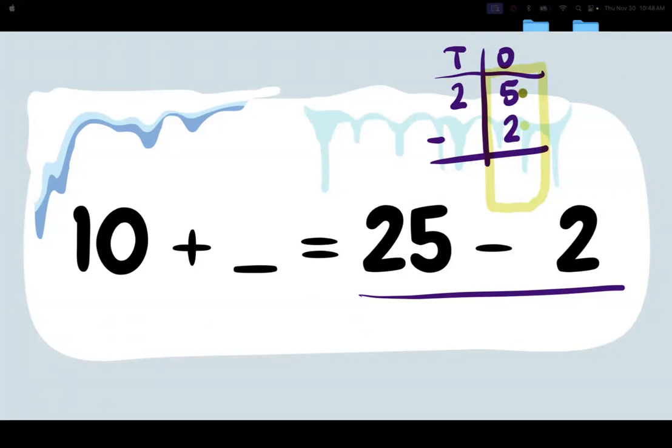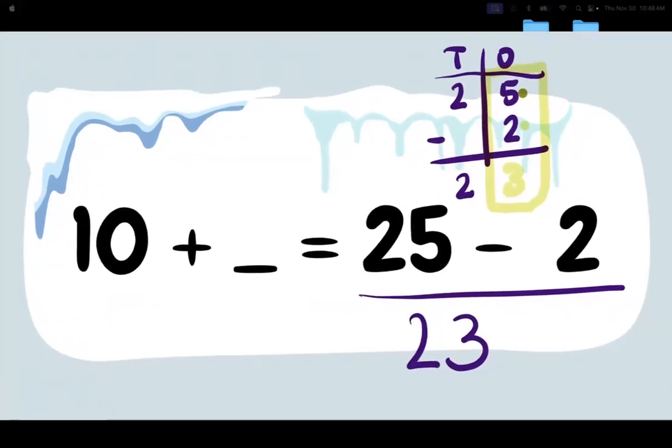How many do you have left? 3. Okay. And then because we have nothing else left, you drop the 2 down. So you have 23 on this side.